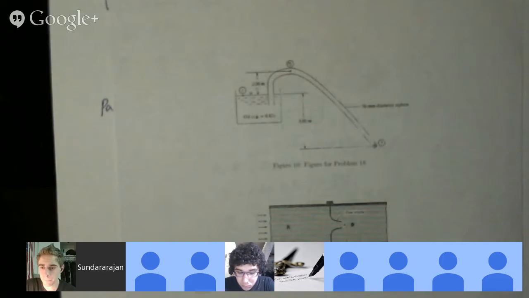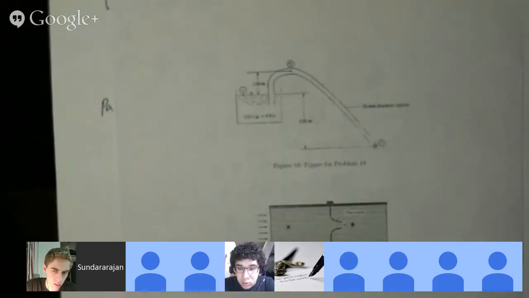Okay, that's good. Now, what is the relationship between the velocity here and the velocity here? VB is greater than VA. Yeah, but what is the mathematical relationship between them?